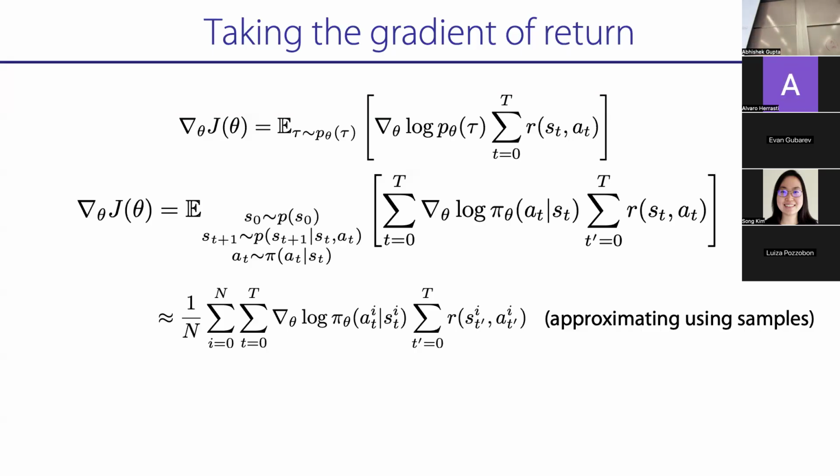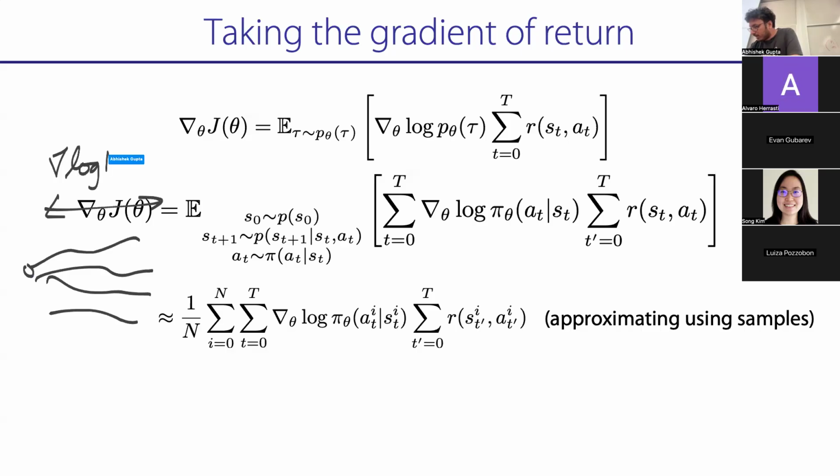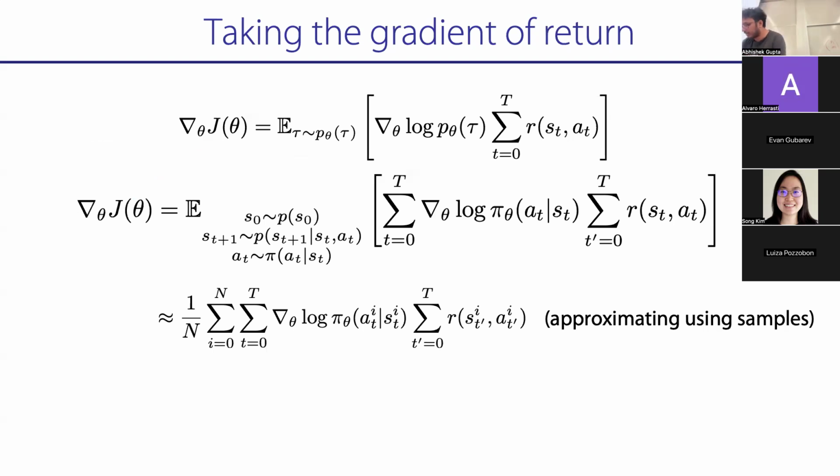For each trajectory, computing the sum of grad log pi_theta(a_t given s_t) along the trajectory, and then multiplying it by the sum of the rewards in the trajectory, and then averaging this over all the trajectories. And so that's what policy gradient looks like. Remember that there's a bracket here. So in the original form of policy gradient, you're summing up grad logs along the whole trajectory, summing up rewards along the whole trajectory, then you're multiplying them and averaging them.